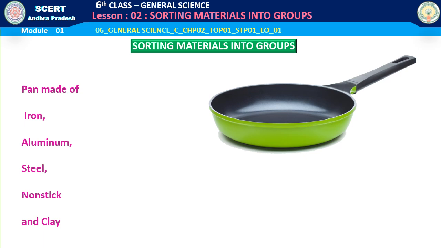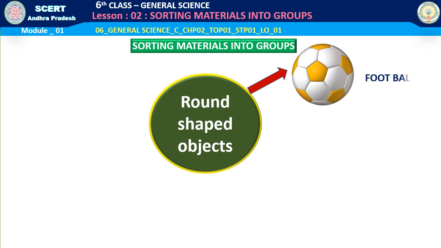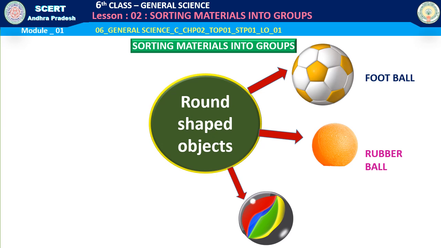Let us observe round shaped objects in our surroundings. Coming to the round shaped objects, a football, a rubber ball and a glass marble are round in shape.